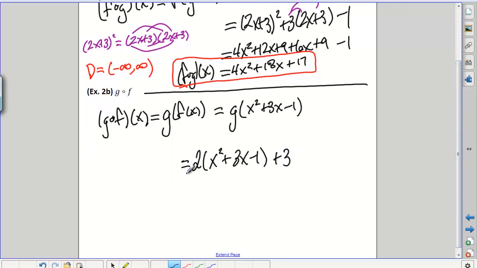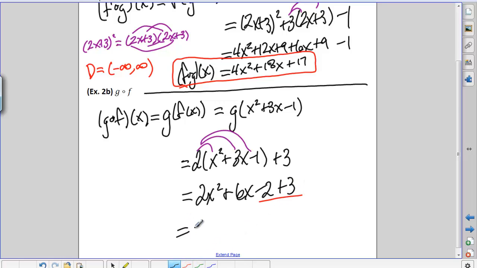This one's not quite as bad as that last one. We can just distribute: 2x squared plus 6x minus 2, and then combine those two together and get 2x squared plus 6x plus 1. So that's our final answer.